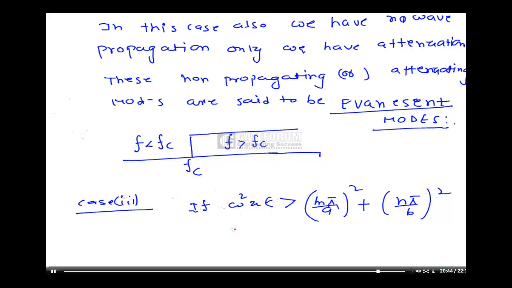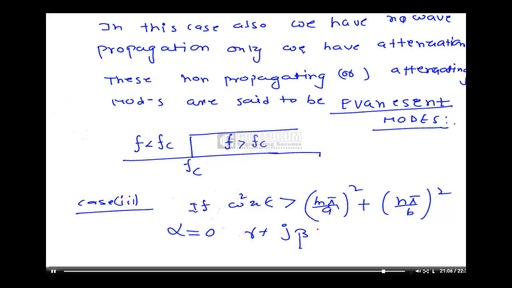Gamma, the value in the square root, is some negative value. Entire thing is negative. If you take the minus out, it will be some j value, so j into something. So alpha is equal to 0. In this case, only gamma is equal to j beta.